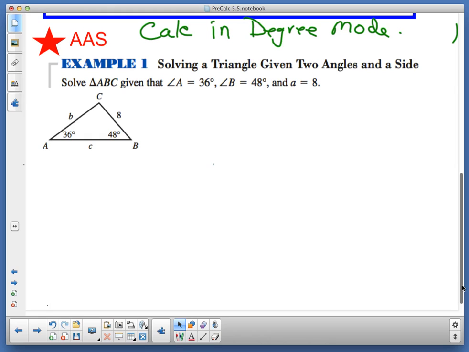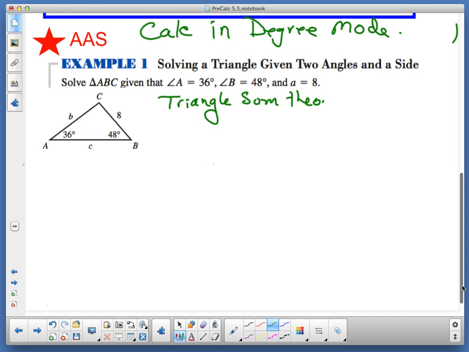And how we use this. A little review. Do you guys remember the triangle sum theorem? The three angles of the triangle, the inside version, add to 180 degrees.